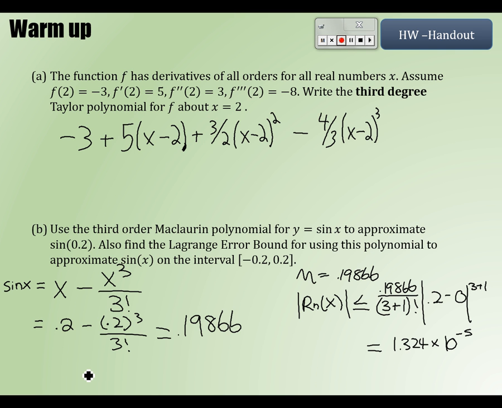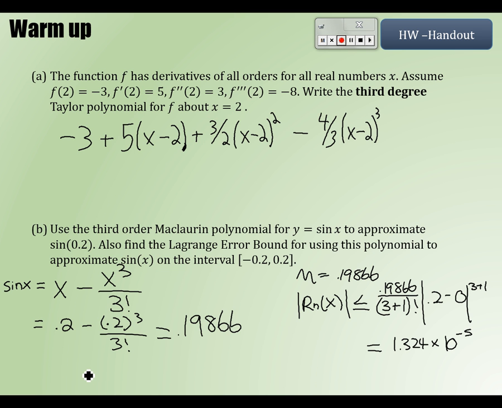And I said the 4th order, or the 3rd order, same thing, Taylor polynomial has an error term less than or equal to 1 over 5 factorial times x minus 0 to the 5th.